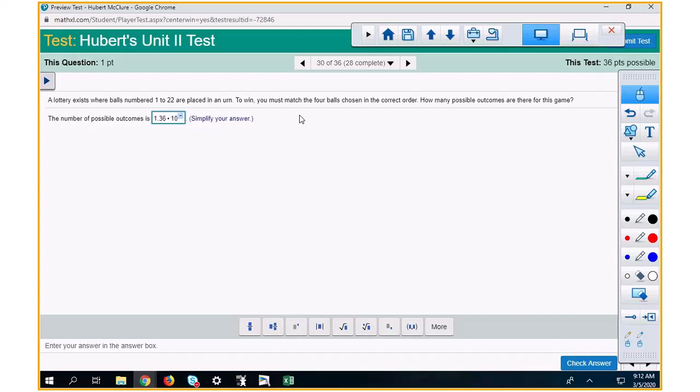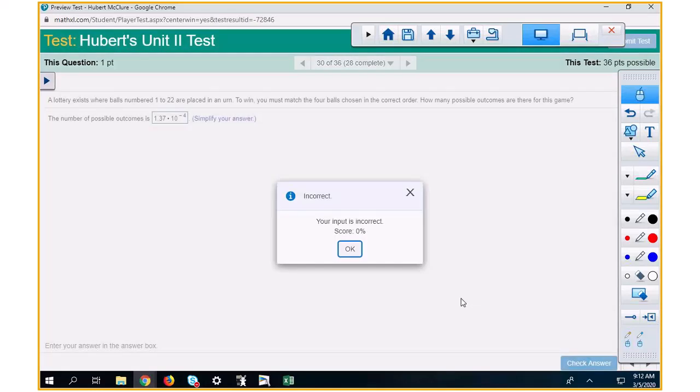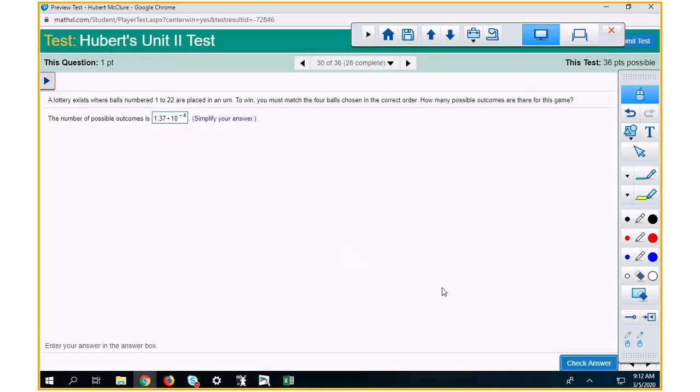It'd be 1.37. 1.37? If this is right, this question is not a good question. I have no idea what the answer is. And y'all checked it twice. 22 combination. Oh, shoot.